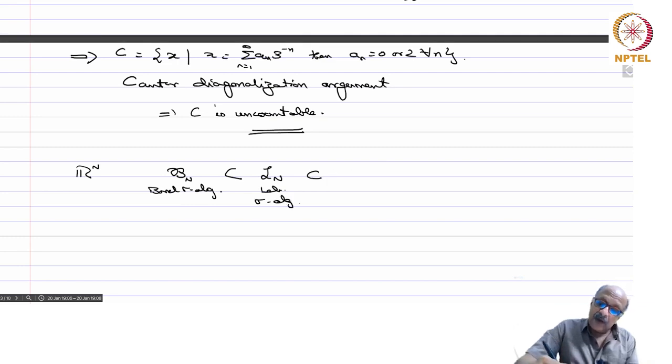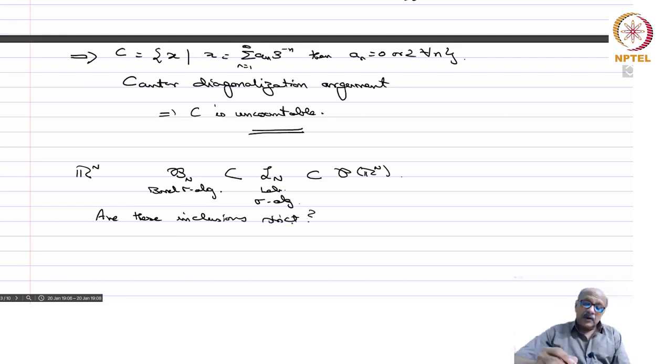Then of course you have the power set of R^n. So the question is, are these inclusions strict? Can you have a Lebesgue measurable set which is not Borel measurable? Can you have a subset of R^n which is not Lebesgue measurable? In other words, is L_n equal to the power set or not, or B_n equal to L_n?